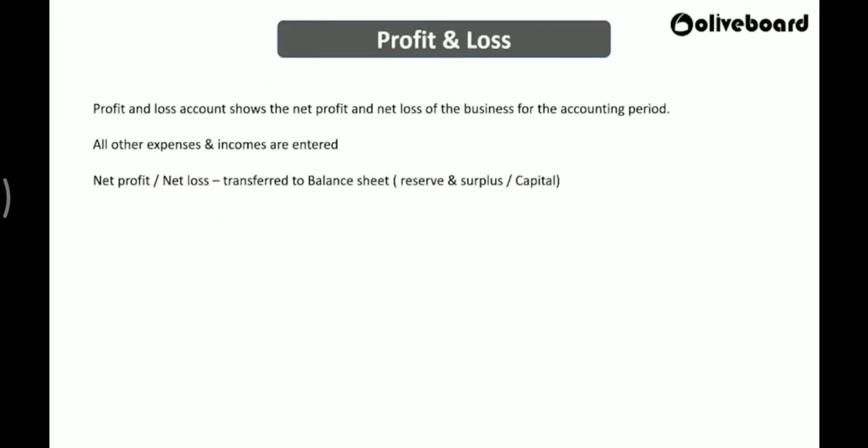Next, P&L. Again, P&L shows the net profit or loss for the business for that particular period. All other expenses, guys, apart from your direct expenses, indirect expenses will be there. Advertisement cost, marketing cost, sales personnel wages, security personnel wages, salaries, and then depreciation.